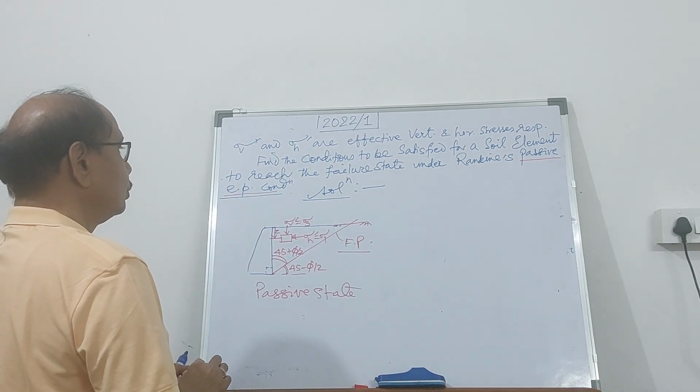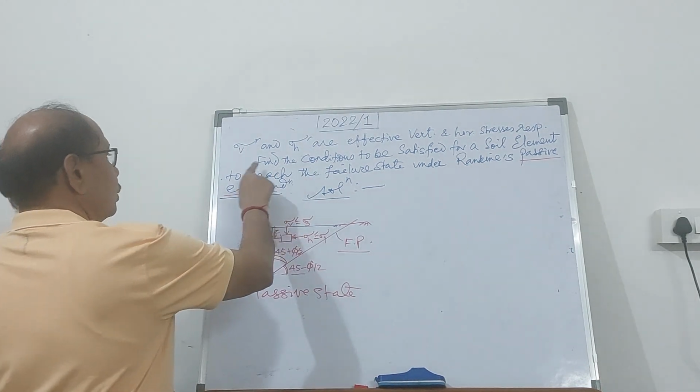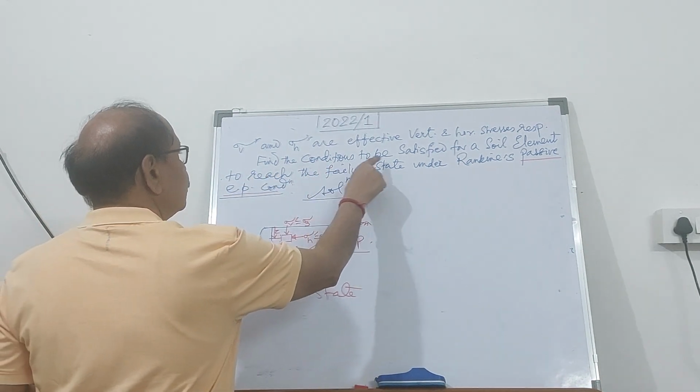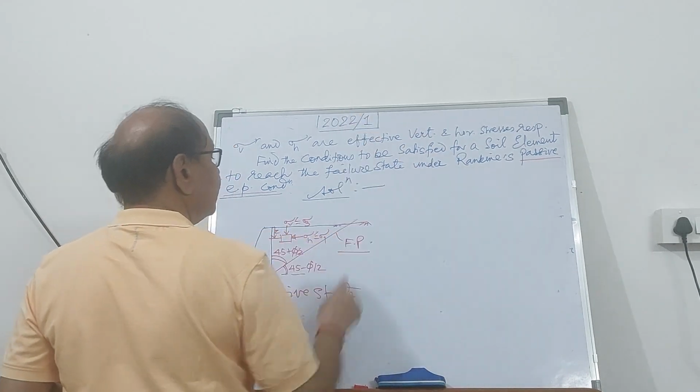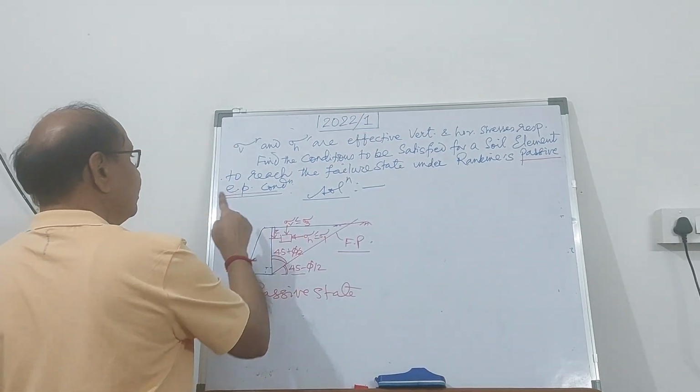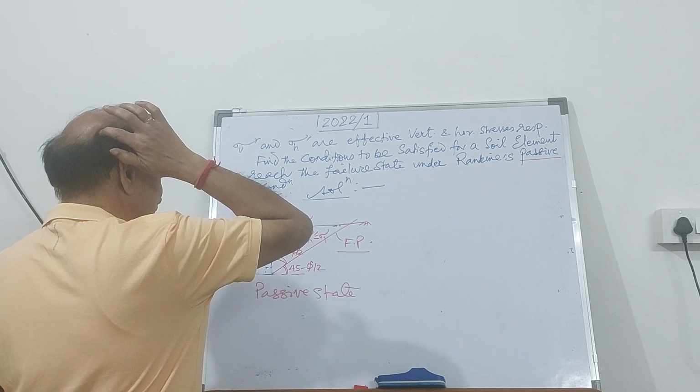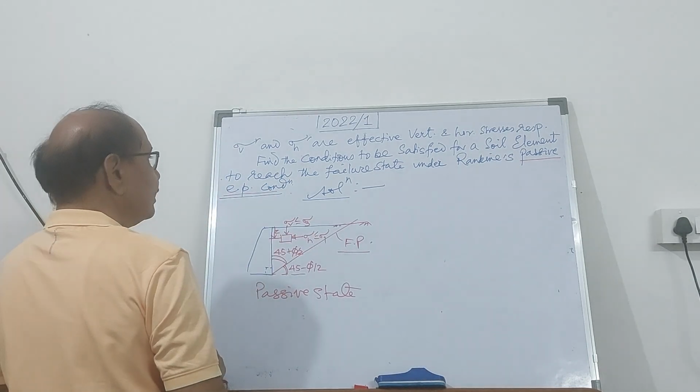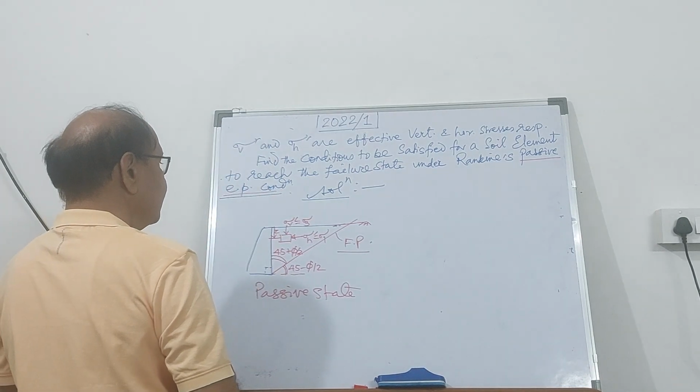So find the conditions to be satisfied for a soil element to reach the failure state under Rankine's passive condition.